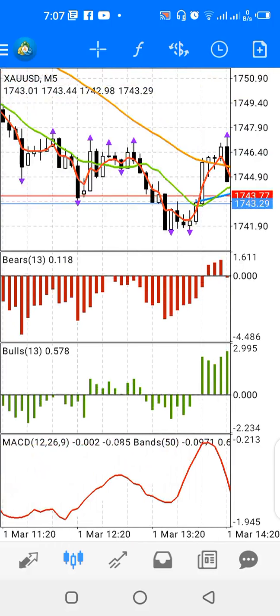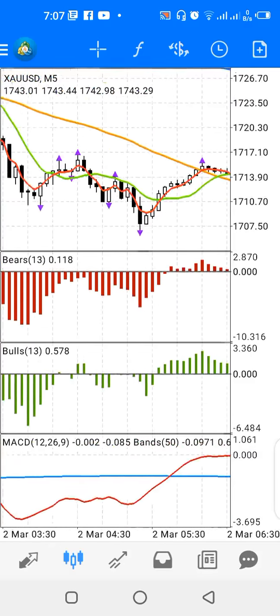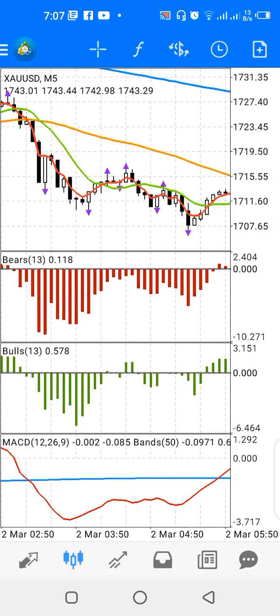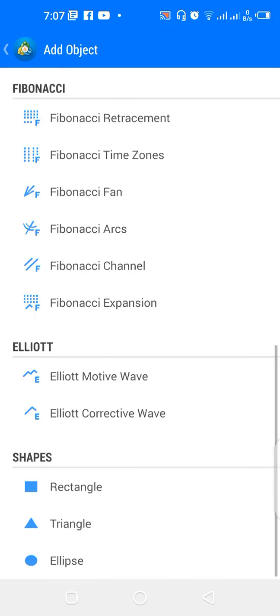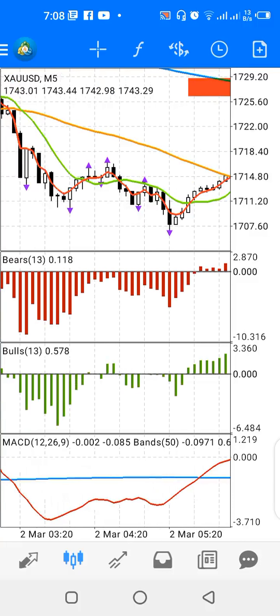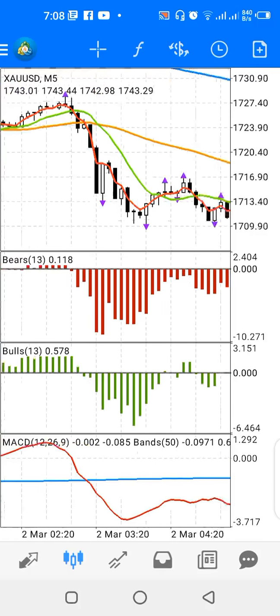On the main chart, when all the moving averages are below the blue line, which is your 200 EMA, look for selling opportunities.